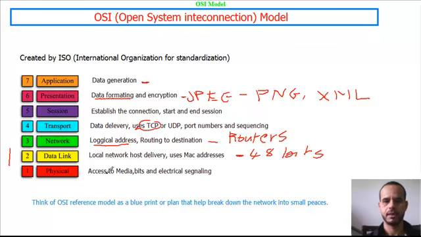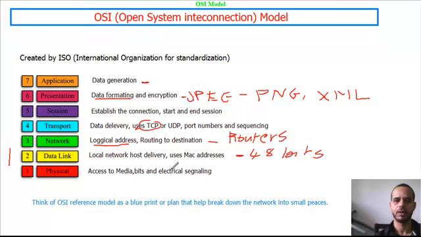And the last layer, which is the bottom layer of the OSI, is the physical layer. The physical layer defines the bits, and also how the electrical signals are transmitted over the medium or the wire.